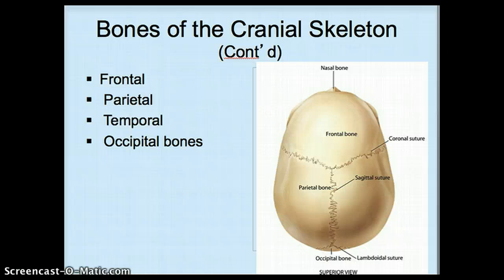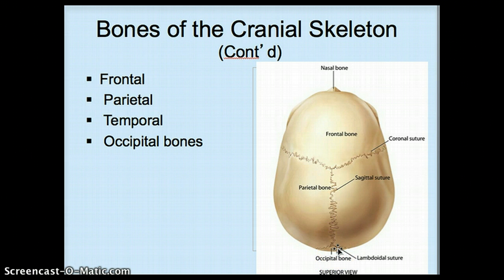Now, when we look at the bones on the outside of our cranial skeleton, on the outside of our skull, these bones lie over the lobes of the brain with the same names. So we have the frontal bone here, the parietal bone here, the temporal bones are on the sides, and the occipital bone is in the very back.